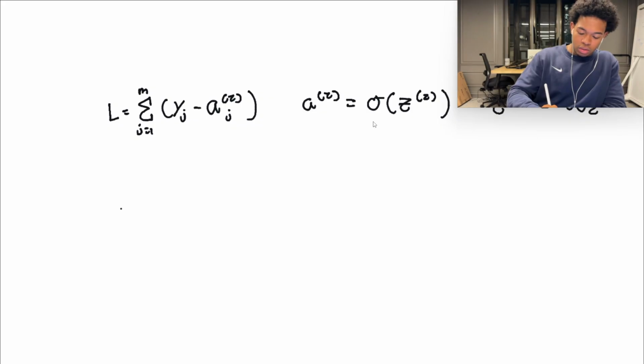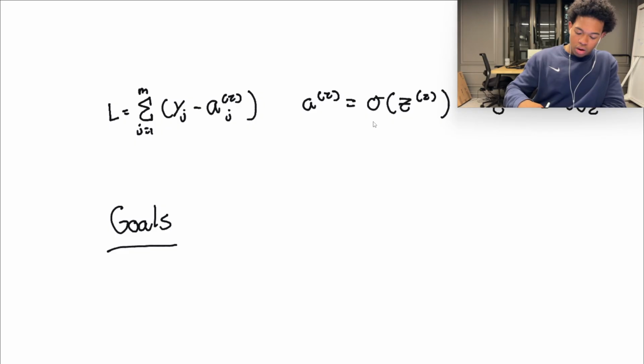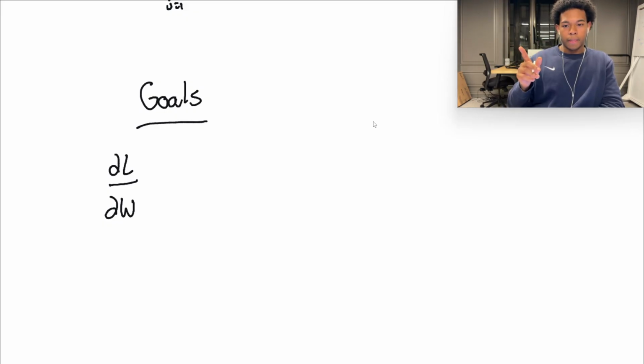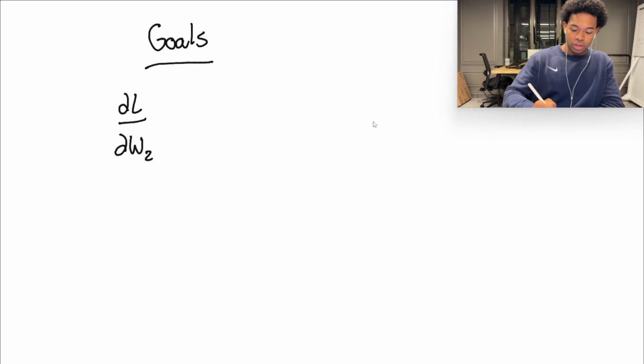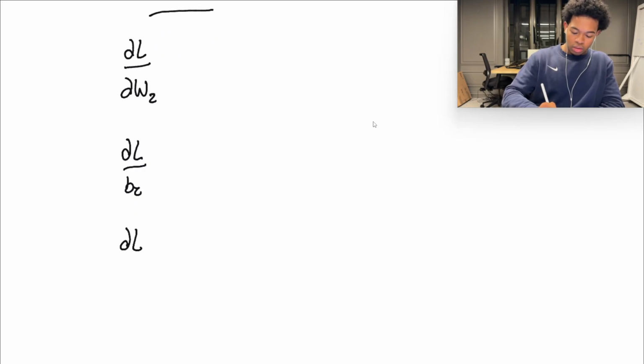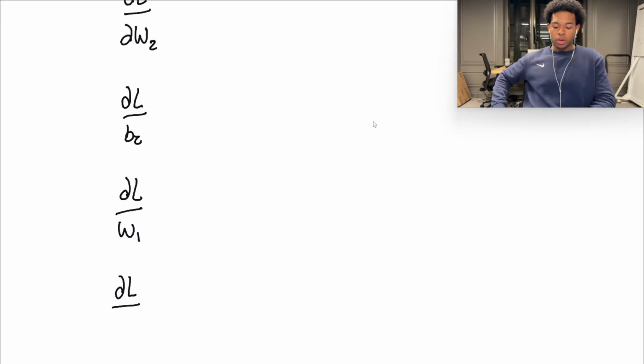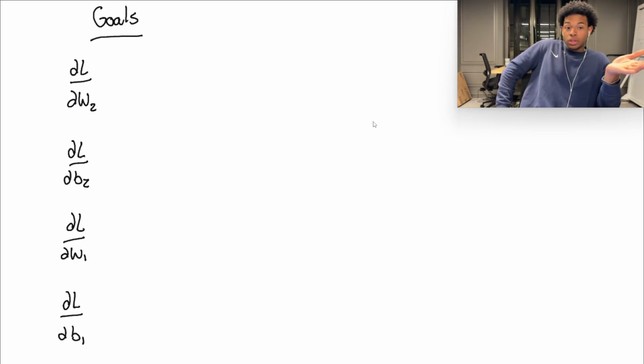The goals are to get the partial derivative of L with respect to W2, which we want to do first, the partial derivative of L with respect to b2, then the partial derivative of L with respect to W1, and the partial derivative of L with respect to b1. Those four partial derivatives are what we're looking to calculate.